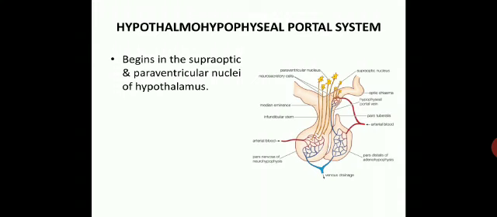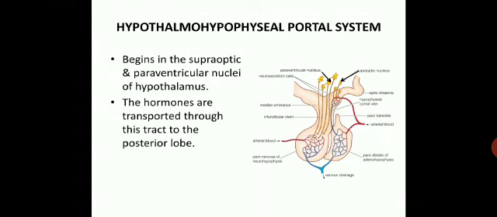The long fibers of the neurosecretory tract pass to the posterior lobe and terminate near the vascular sinusoids. So, the hormones are transported through this tract to the posterior lobe. In the posterior lobe, the hormones related are vasopressin and oxytocin.